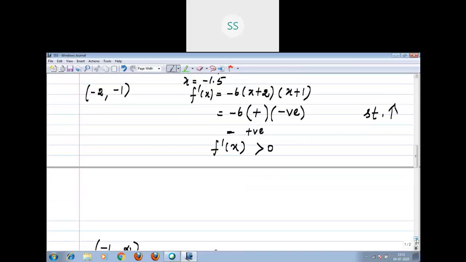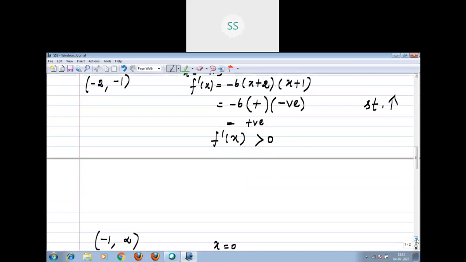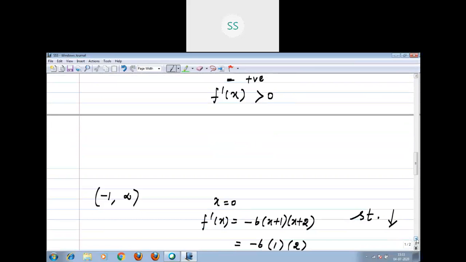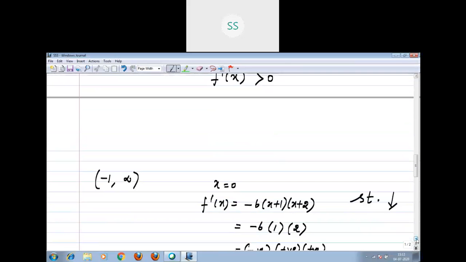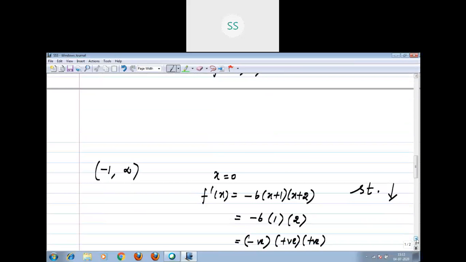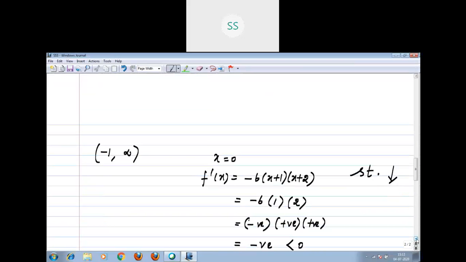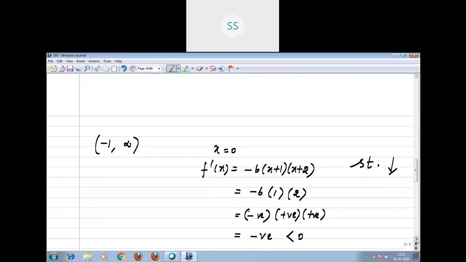The next interval is what? Minus 1 comma infinity. Here I assign the value as 0, and I substitute in the place of x. First bracket is positive, second bracket is also positive. So outside, negative is there: minus into plus is minus, so you arrive at negative. The derivative is less than 0.